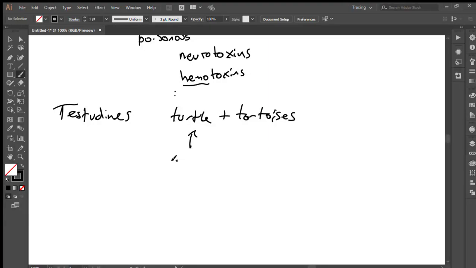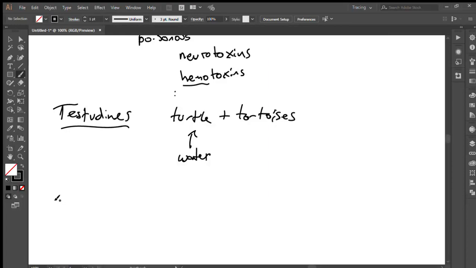Turtles can go into the water. They are, what's the word I'm looking for? Amphibious. They are not amphibians, but they are amphibious. Tortoises are on the land, that's the main difference. Both have the thick shells that make them obvious to tell apart. So, okay, so that's Testudines.